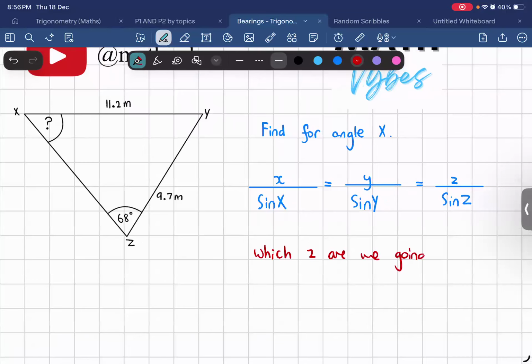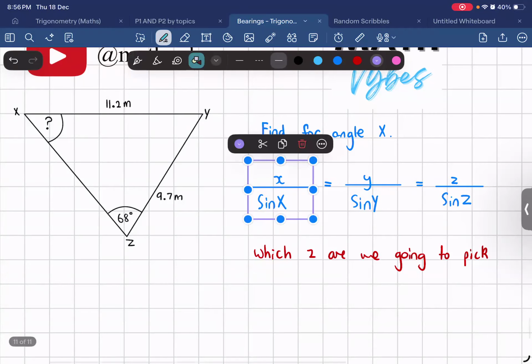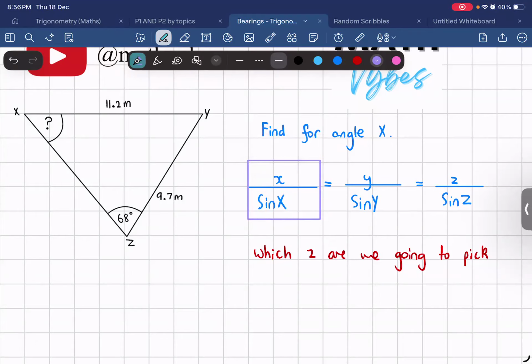Which one do we have to pick automatically? X. Exactly, we don't know what x is, so we had to pick that one. Do we have any pairs of information? Yes, for Z.